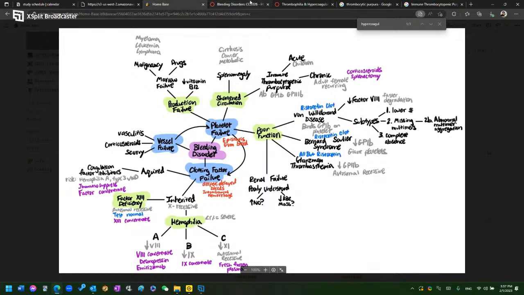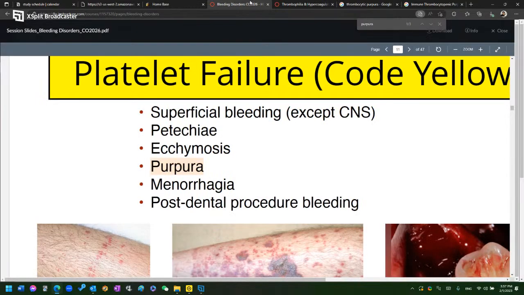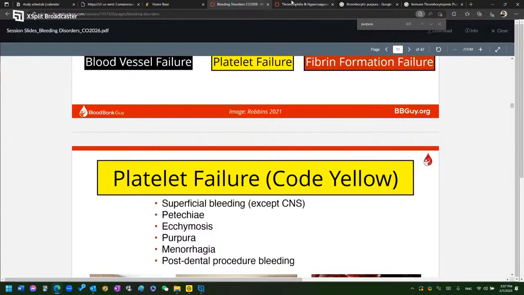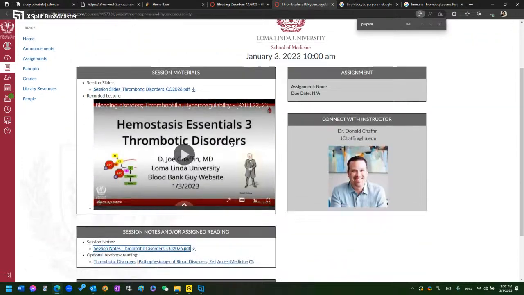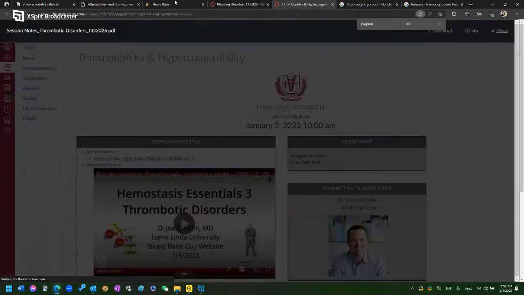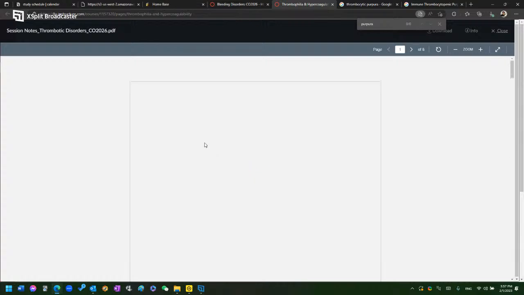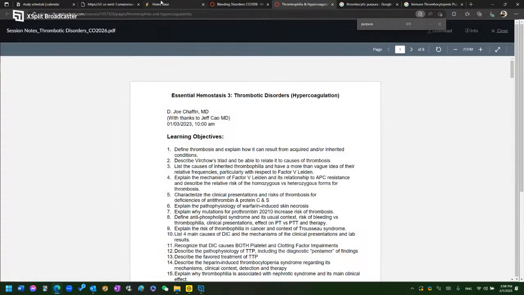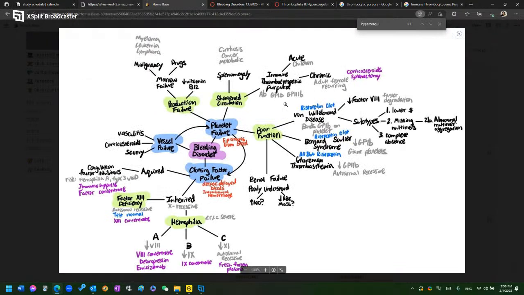I'm not sure about that. You know, because the antibodies themselves could be pro-clotting, whereas overall you have fewer platelets. Let's take a look.